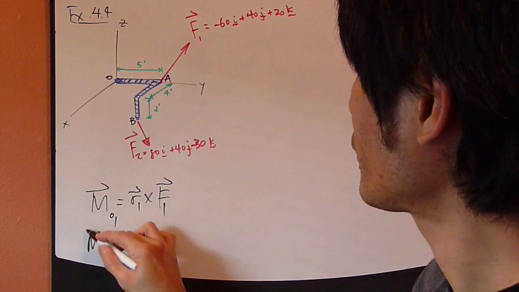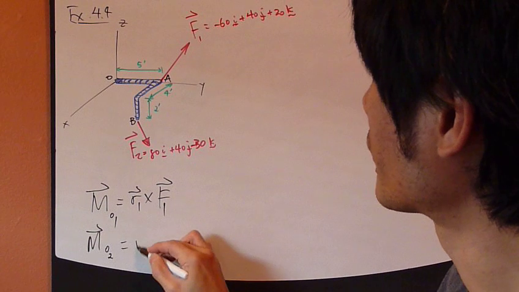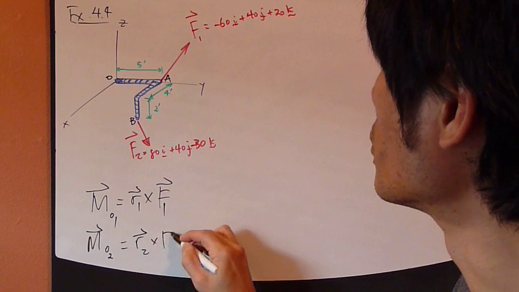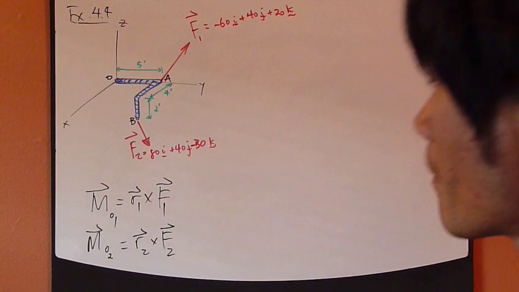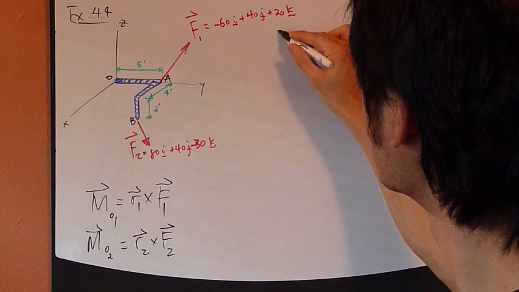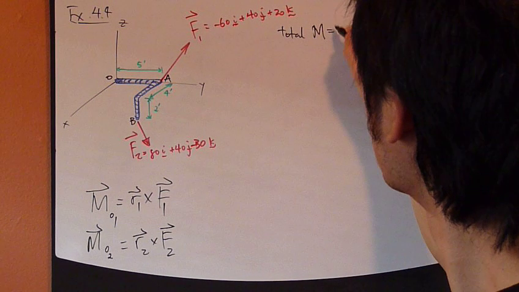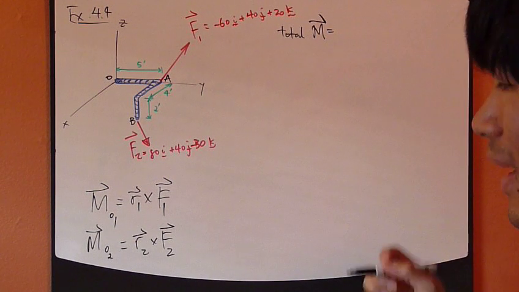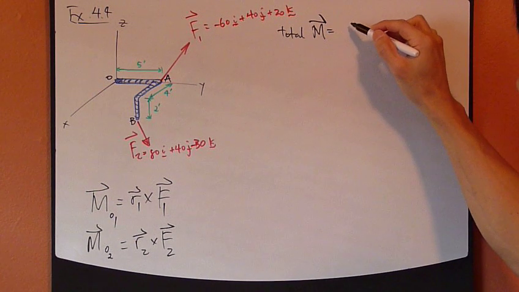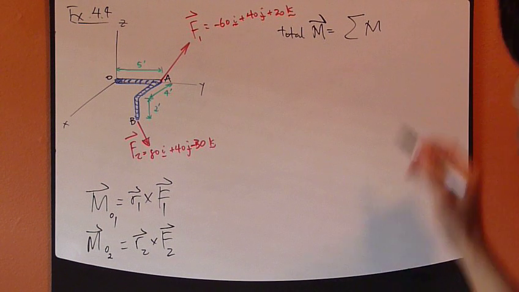Same thing for F2. About point O will give you a moment MO2. Okay? So the sum of these moments is the total moment. The combined moment simply equals the sum of all the moments.